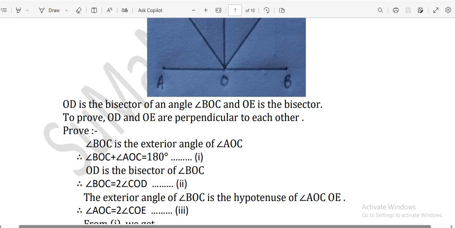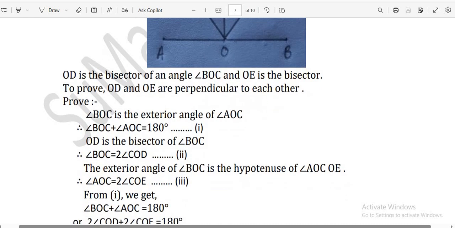Again, OE is the bisector of the exterior angle of angle BOC, namely angle AOC, so angle AOC is equal to 2 angle COE, equation number 3.